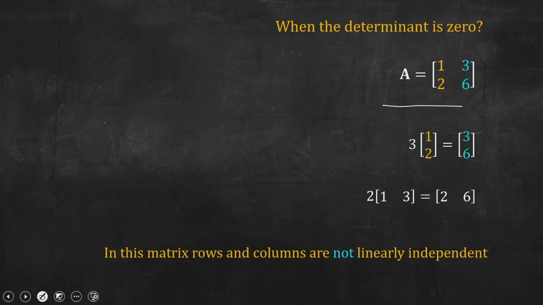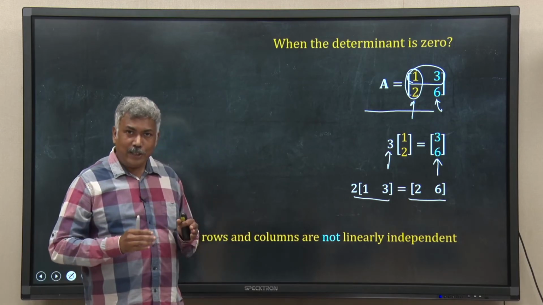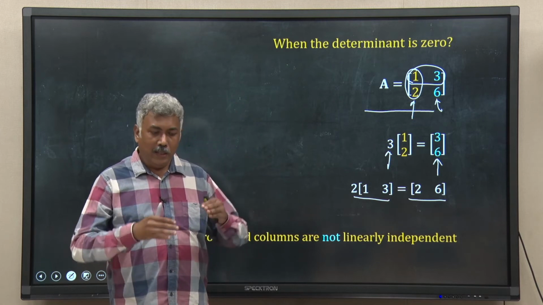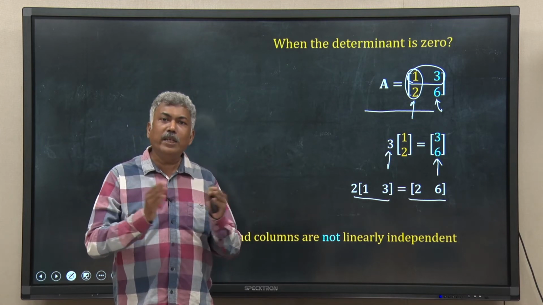If you check carefully, this is the first column, 1 2, and this is the second column, 3 6. So, I can multiply the first column by 3 and I get the second column, or you multiply the first row, 1 3, and you will get the second row. That means, in this matrix for which the determinant is 0, the rows and columns are not independent.